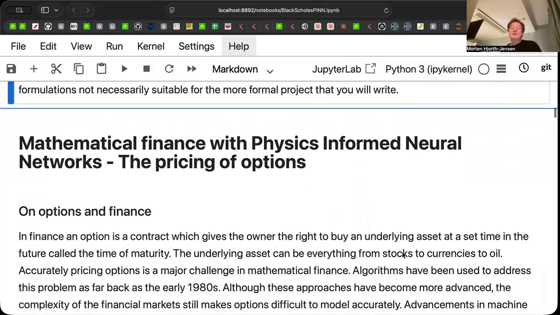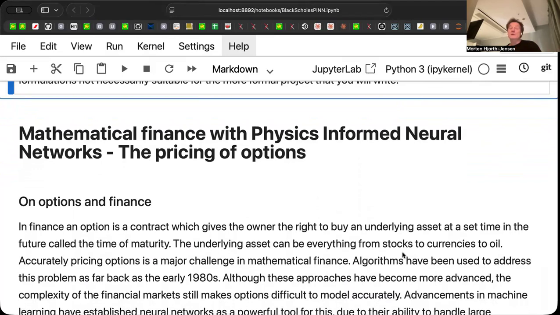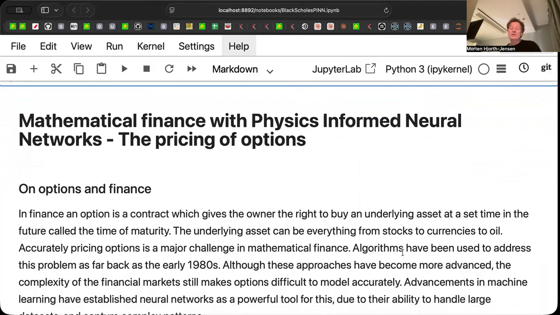So hopefully the way we just described the system and the solution of the equation is something which you can find useful. You could, if you want to, look at the solution of the Black-Scholes equation as part of the projects. That's one possibility. Or alternatively, just look at this as an interesting example.